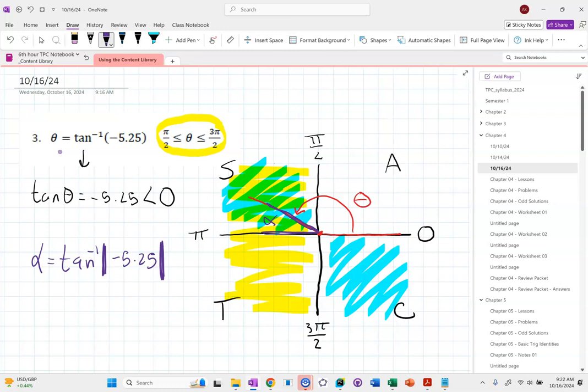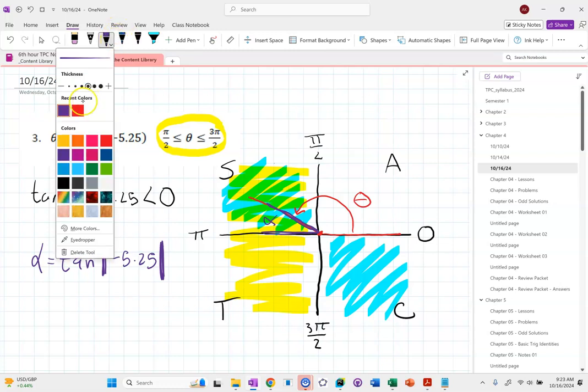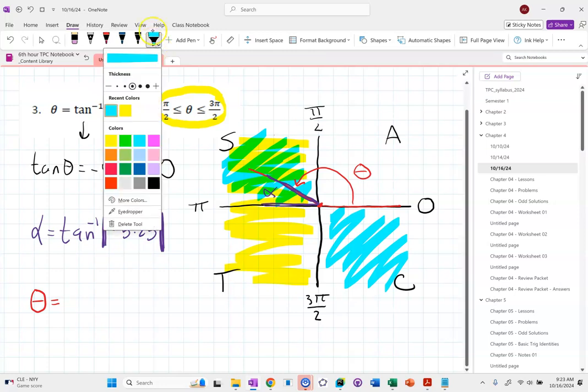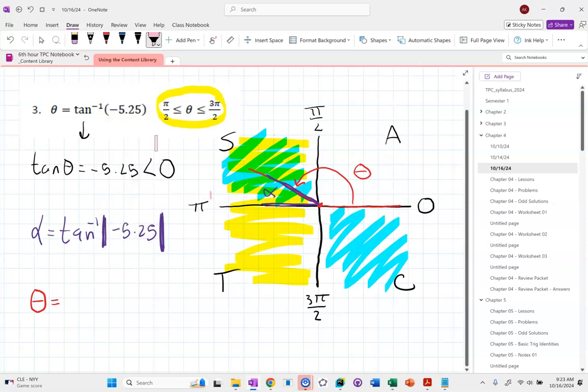Still good? Okay. So now I'm going to write my equation for theta. To write my equation for theta, it's always going to be the piece of the x-axis that makes up my angle alpha. So in this case, that is pi, because you see how that part of alpha is pi.